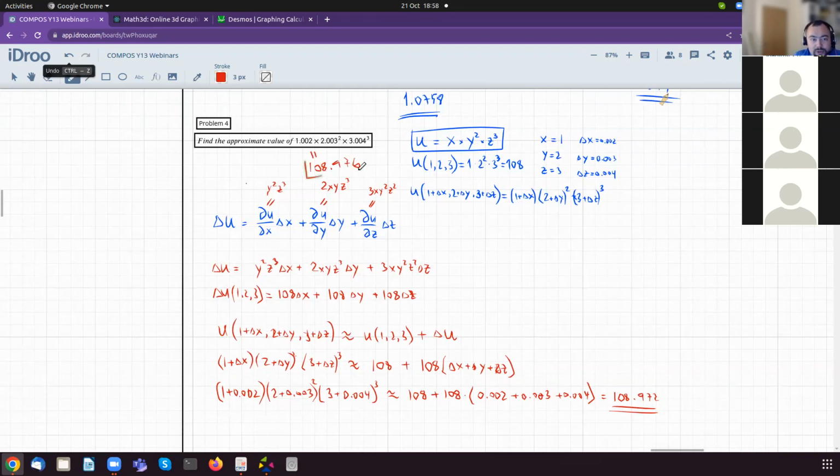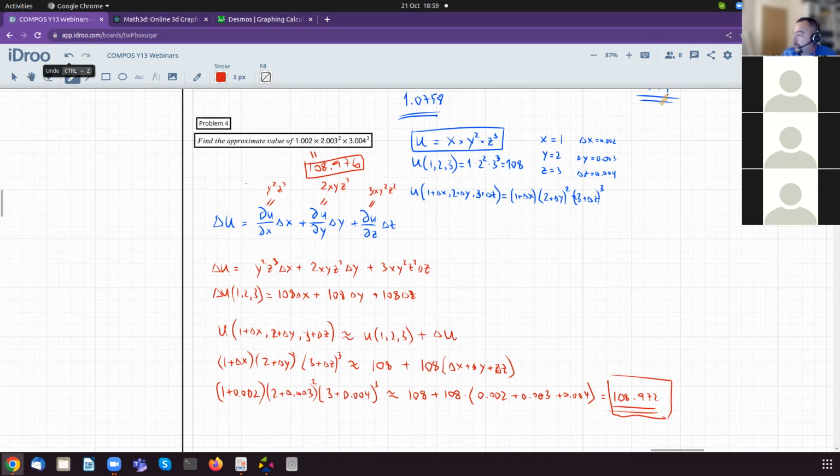So reasonably close. This is only the first order approximation. We're not taking the second order. This is equivalent to taking the first approximation, like sine x is approximately x. That's what we call the first approximation. The first approximation of sine x is x.